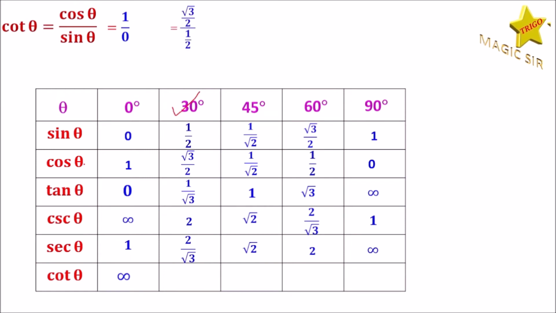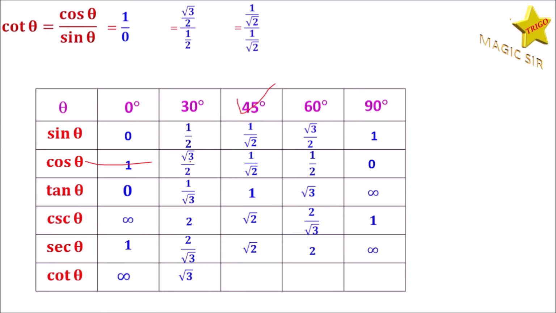For 30-degree angle, we have cos theta equal to root 3 by 2 and sin theta is equal to 1 upon 2. Therefore, cot theta is equal to root 3 upon 1 is equal to root 3. So, cot 30 degrees is equal to root 3.